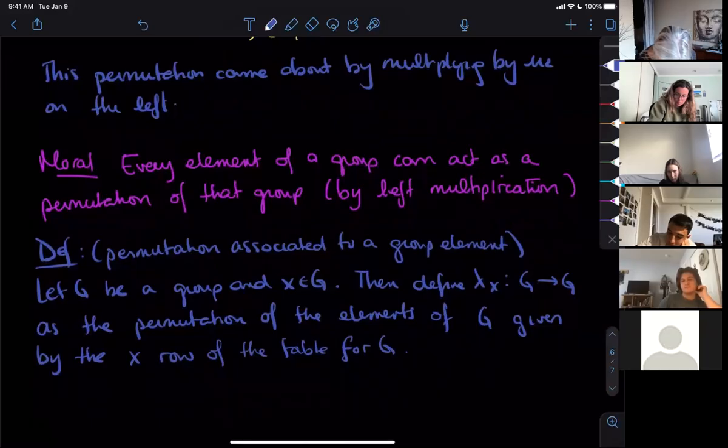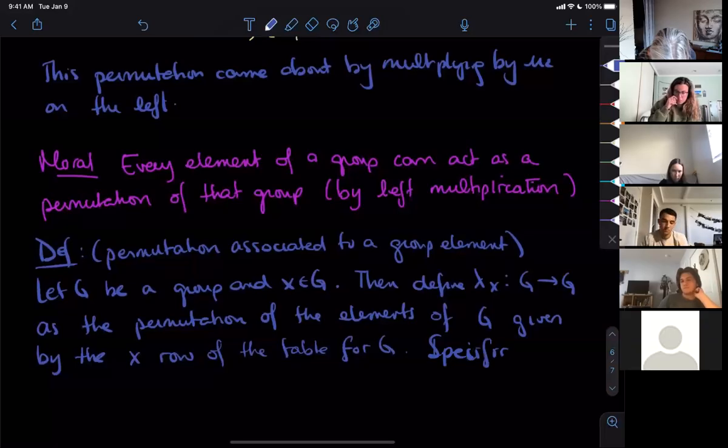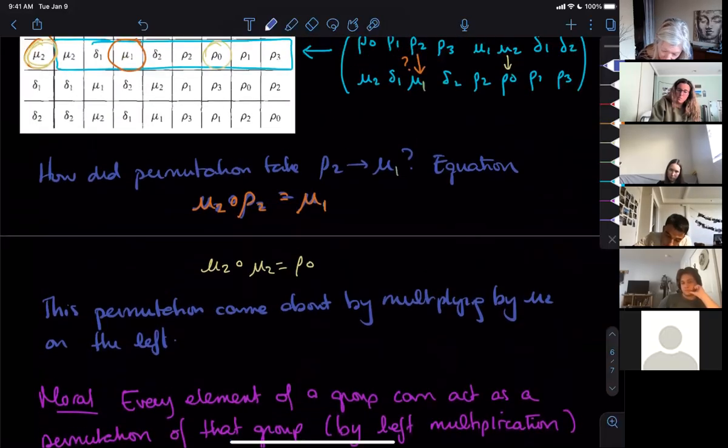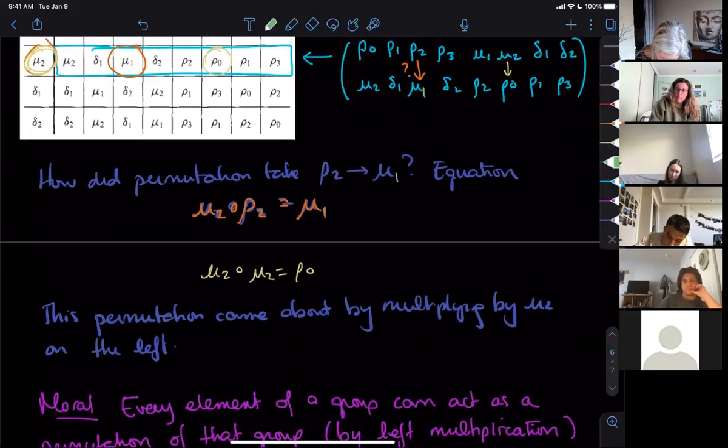In other words, or specifically, I need G and G. Where does G go under this permutation? Just like the above, where does row 2 go?